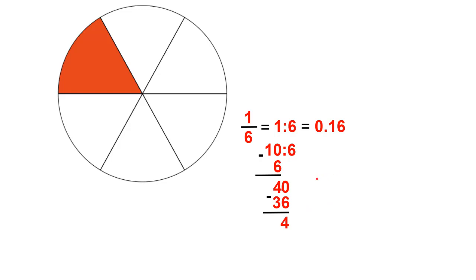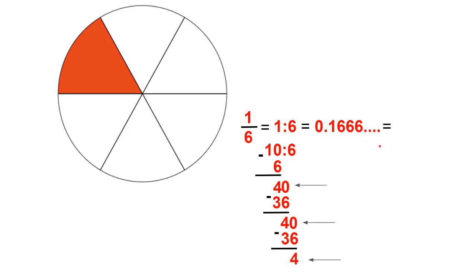And again, it's smaller than 6, so we add a 0. And it's 6 again. And 6 times 6 is 36. And this one goes forever again. Only in this case, it started in the second digit. So we'll have 0.1666 forever.